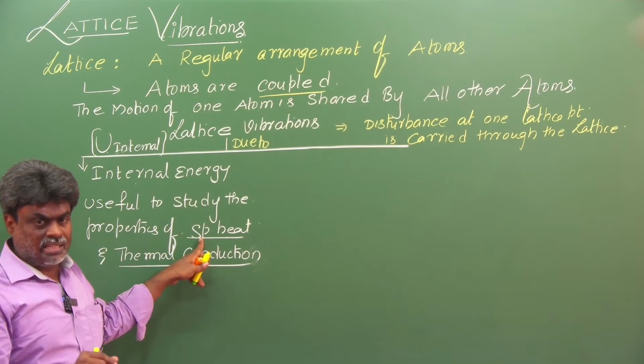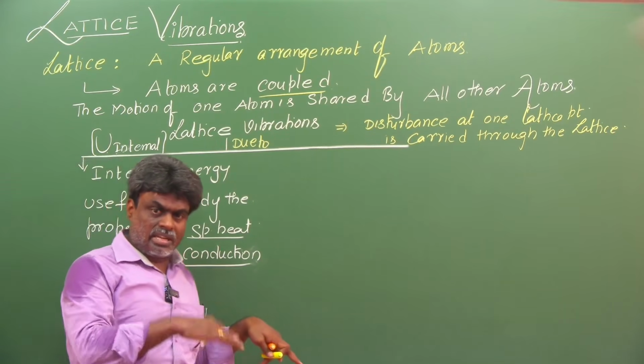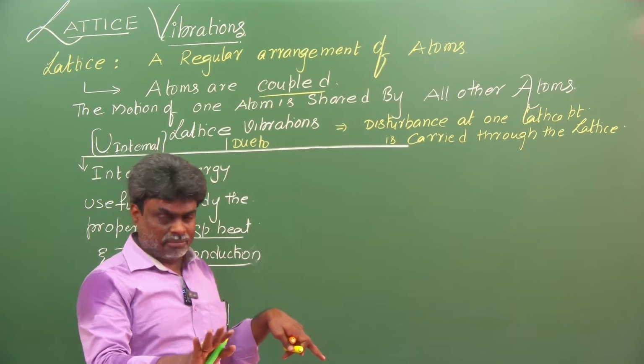Dulong-Petit is the classical one; next are the quantum ones, Einstein and Debye. Which is correct? Debye.